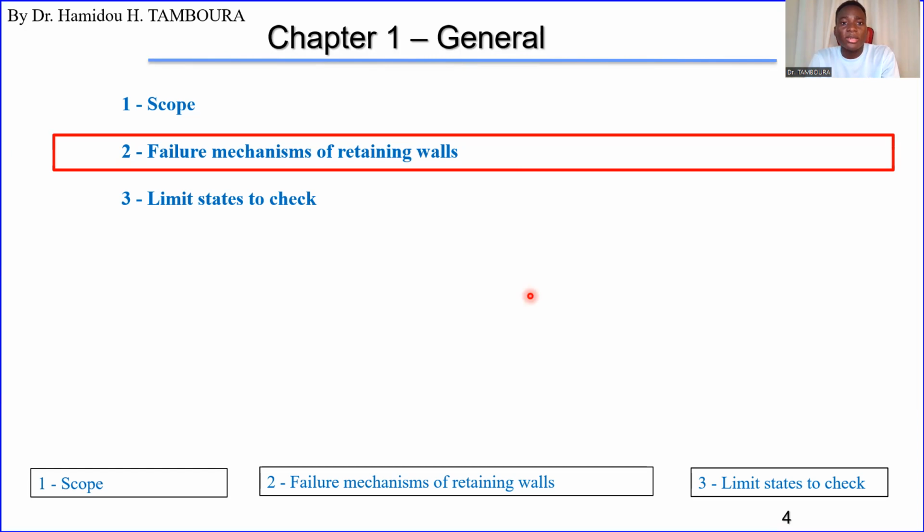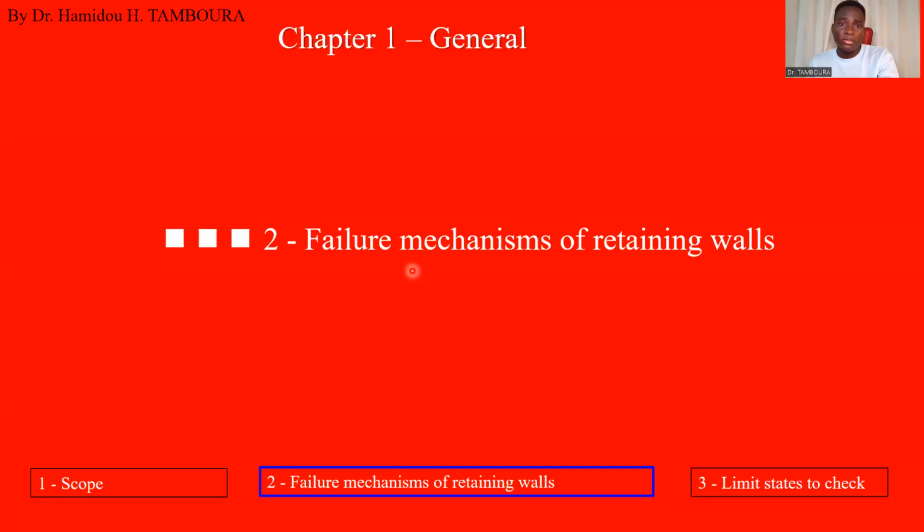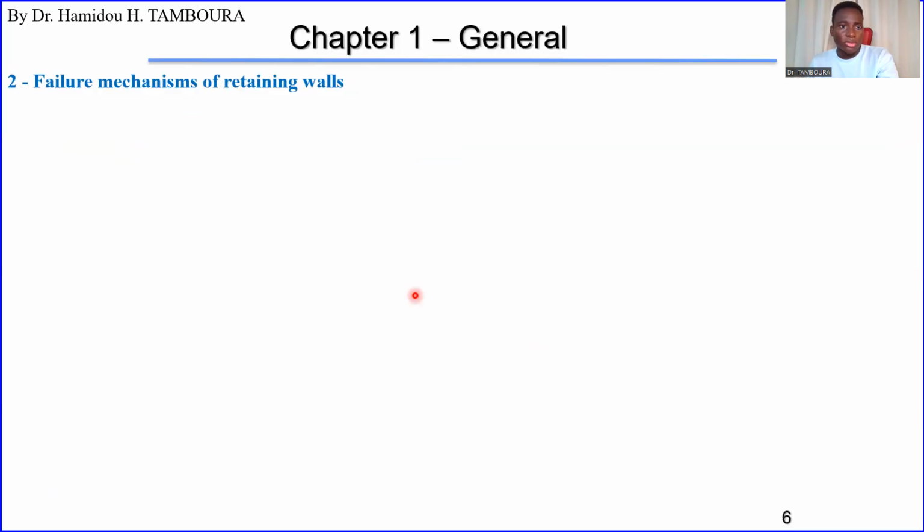I hope you will take this video very seriously, because if you miss the failure mechanisms, you will not be able to understand or design anything. We will try to be very short in this video.